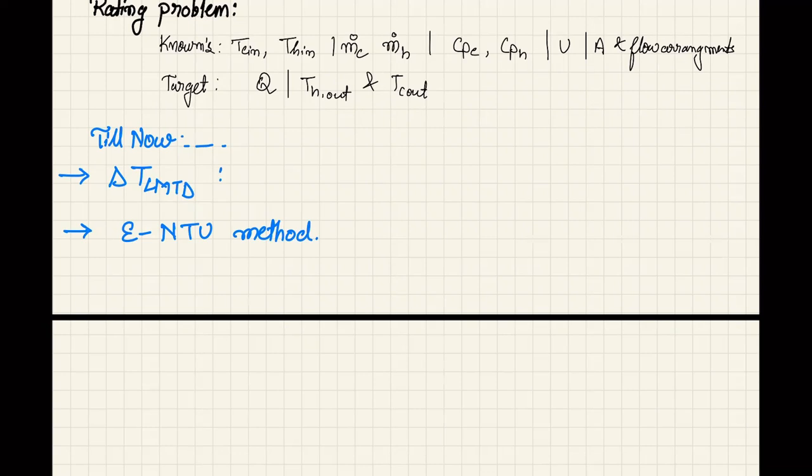And this is rather the most common method for rating problems.